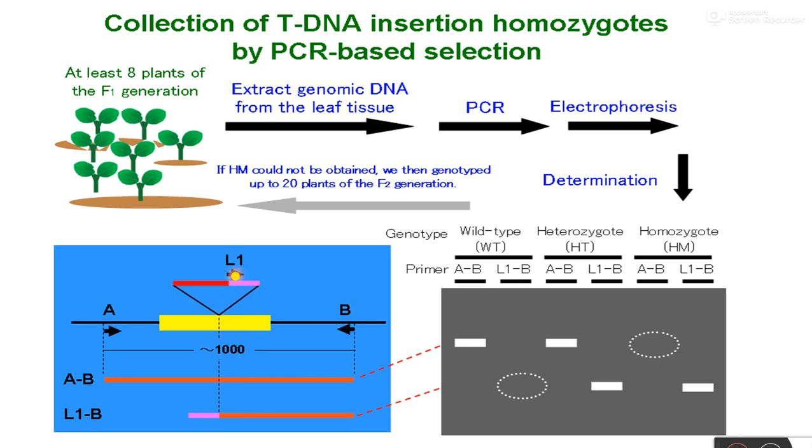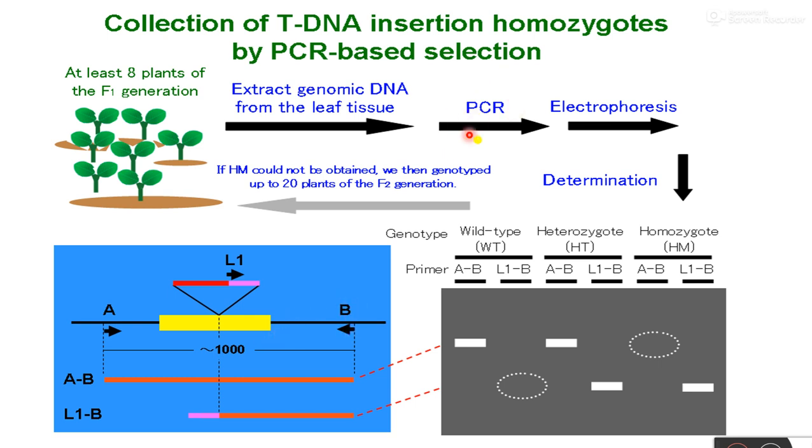So we will get an amplified product of L1 to B only in those lines in which tDNA insertional mutation has happened, right?